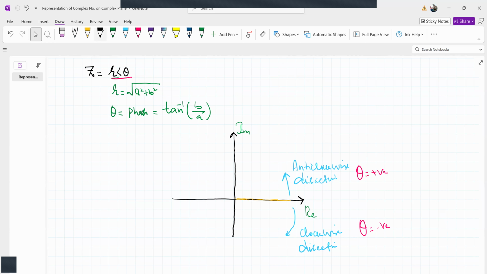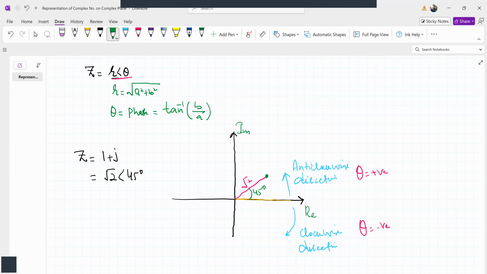For example, the complex number is 1 plus j, and we can write it in polar form as square root of 1 squared plus 1 squared, that is square root of 2, at an angle of tan inverse 1 by 1, that is 45 degrees. Since theta is positive, we draw a vector that has a magnitude of square root 2 and makes an angle of 45 degrees with the real axis. That's how we draw this on a complex plane.